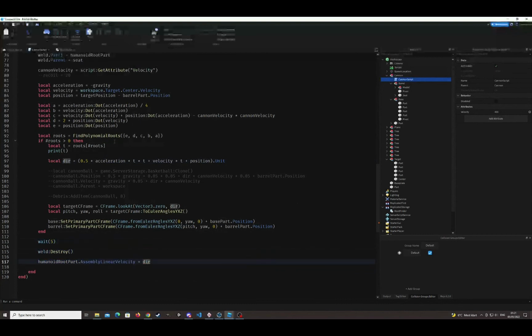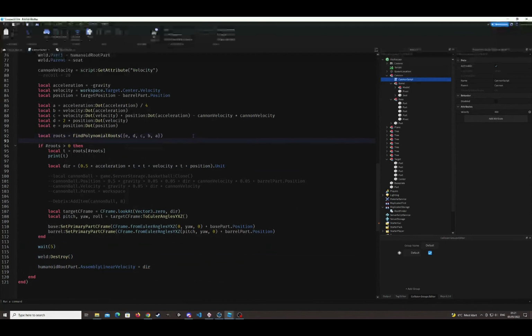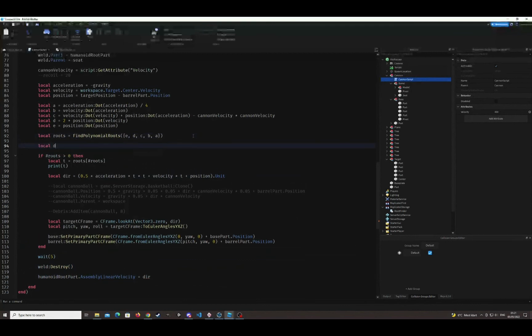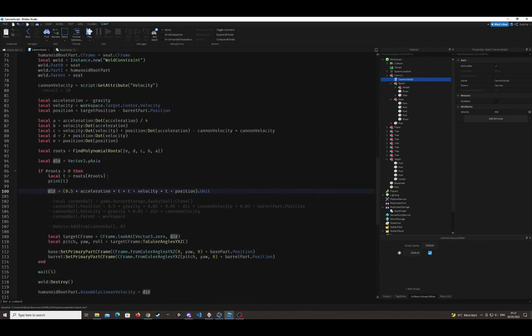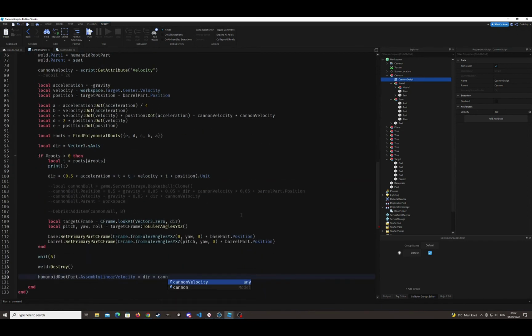I'm just going to quickly define this. Let's just do y-axis by default, and then here we set the direction. And we do this times the cannon velocity.